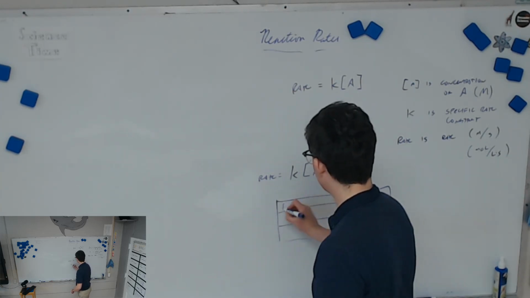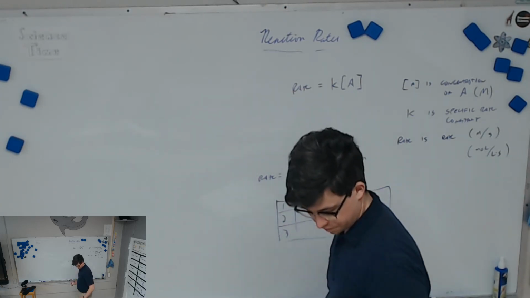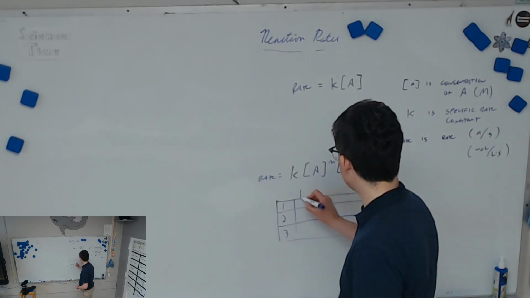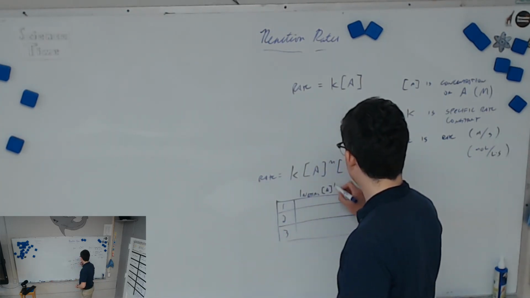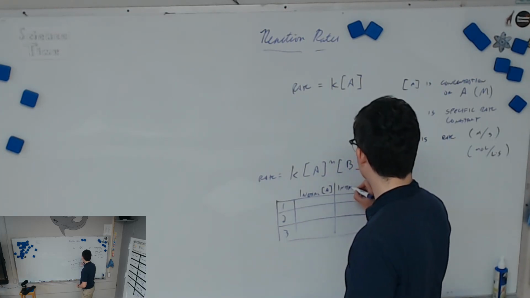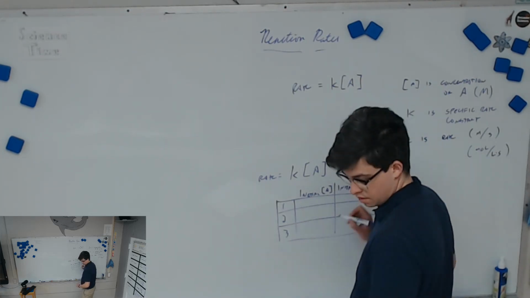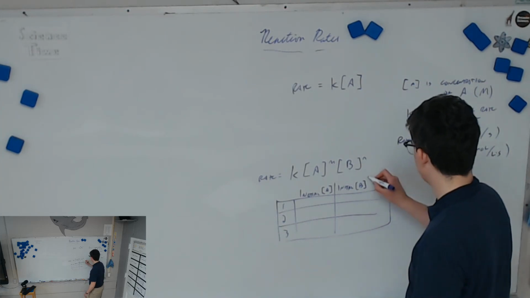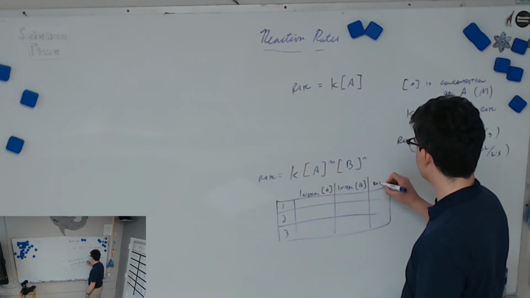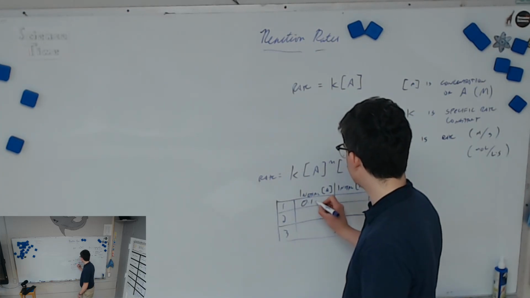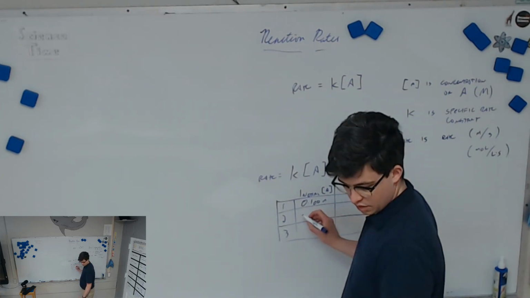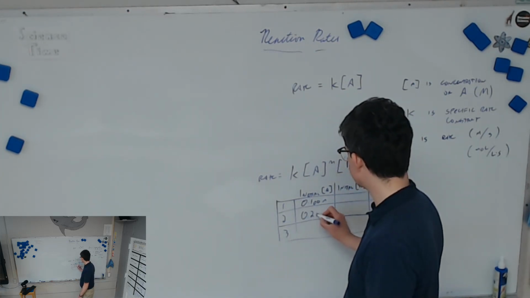So we have trials 1, 2, and 3. We have initial concentration of A, initial concentration of B, and the initial rate. This one was 0.100 molar. The next one was 0.200 molar.